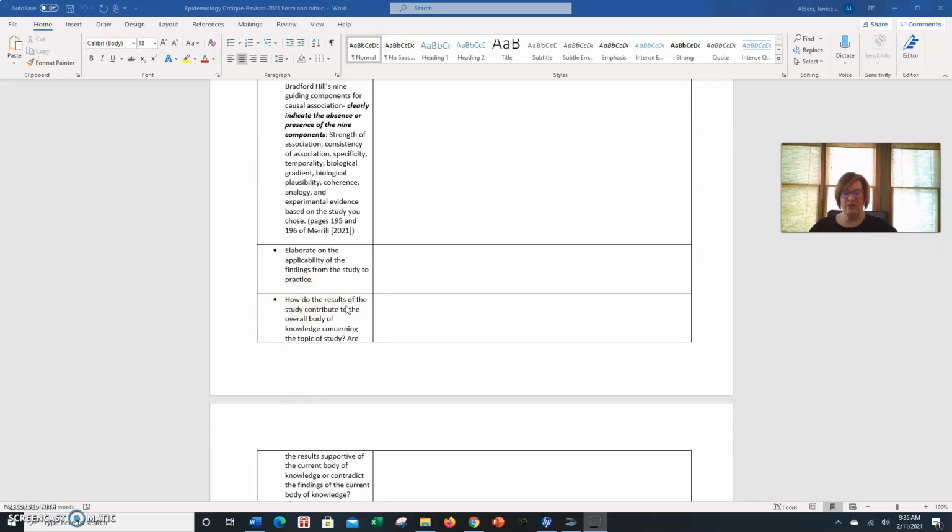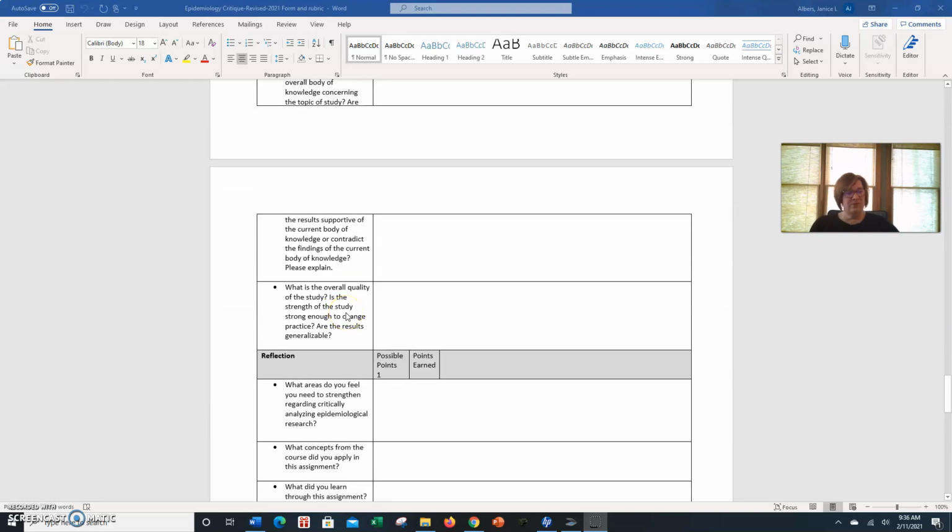Is there information that supports the same type of data or findings from the research? As I indicated, it's very difficult to develop that causal relationship in one particular study, but the strength is there if it contributes to what is already there.